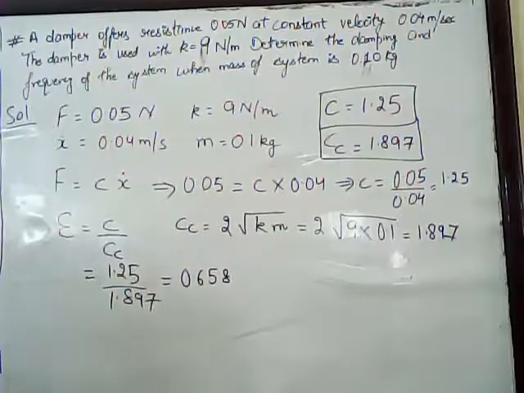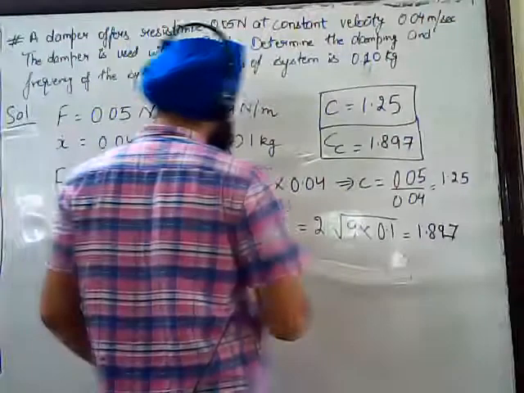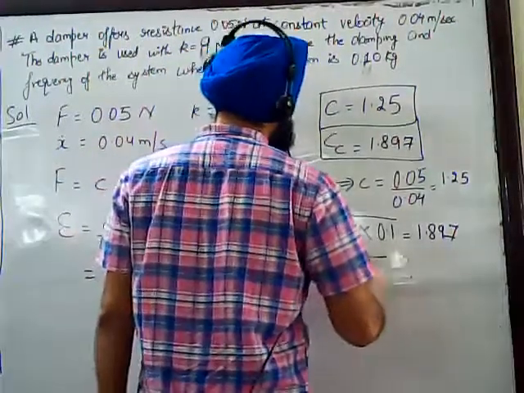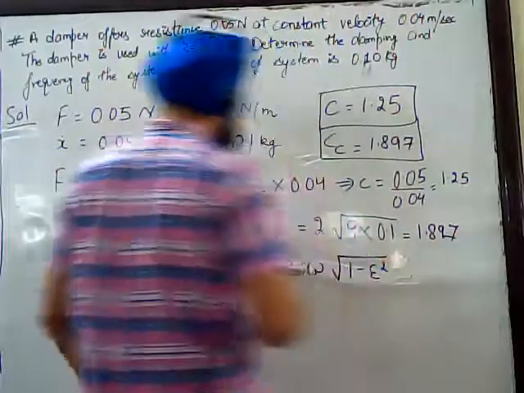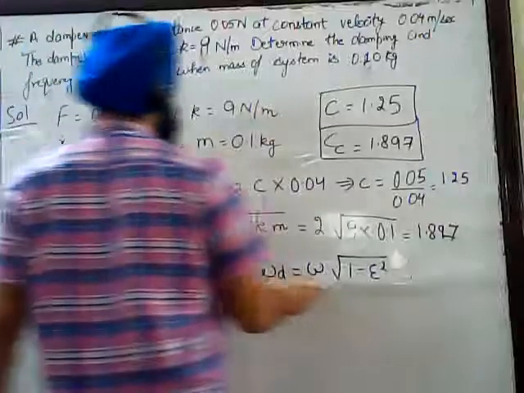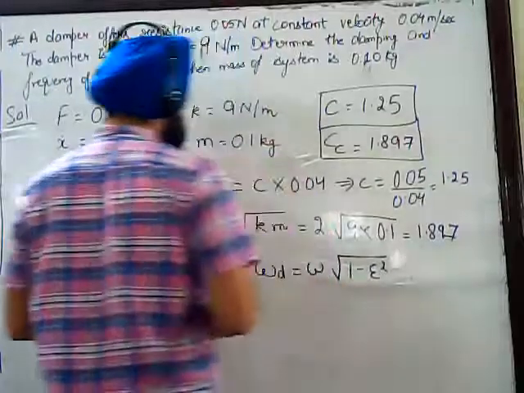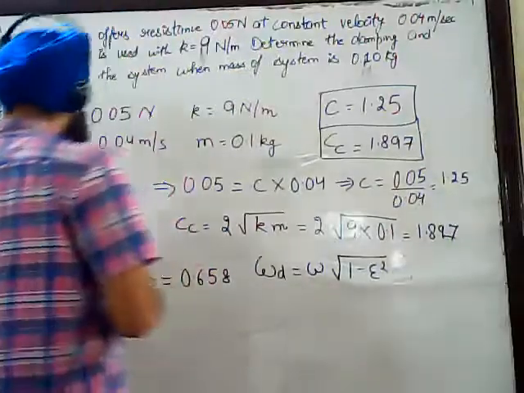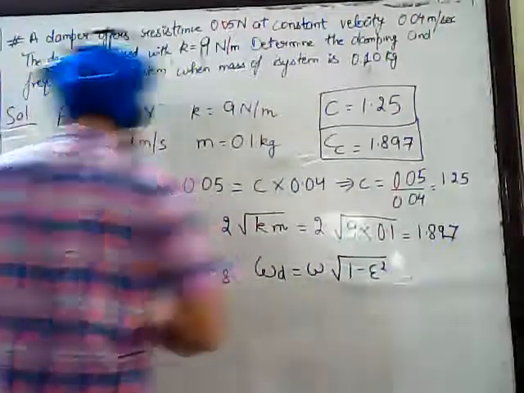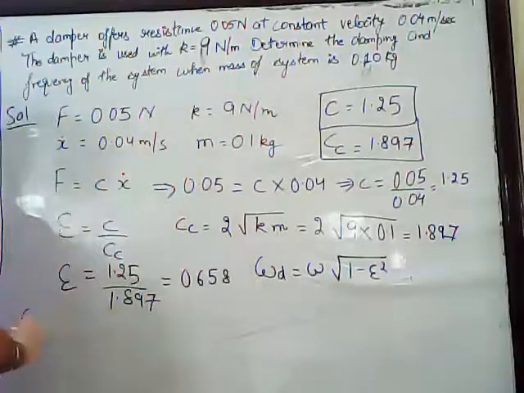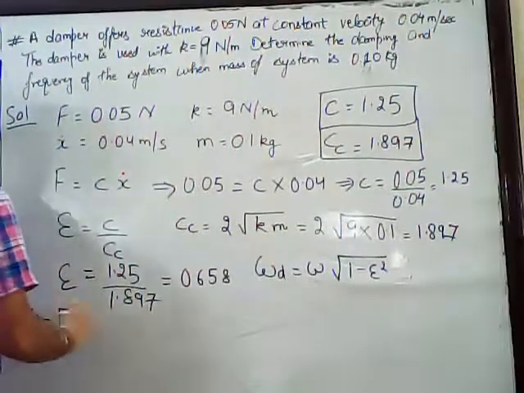Now we know that the frequency of damped vibration is given by omega d equal to omega into under root of 1 minus epsilon square. So first of all, we have to find the value of omega. We know that omega is equal to under root k by m.